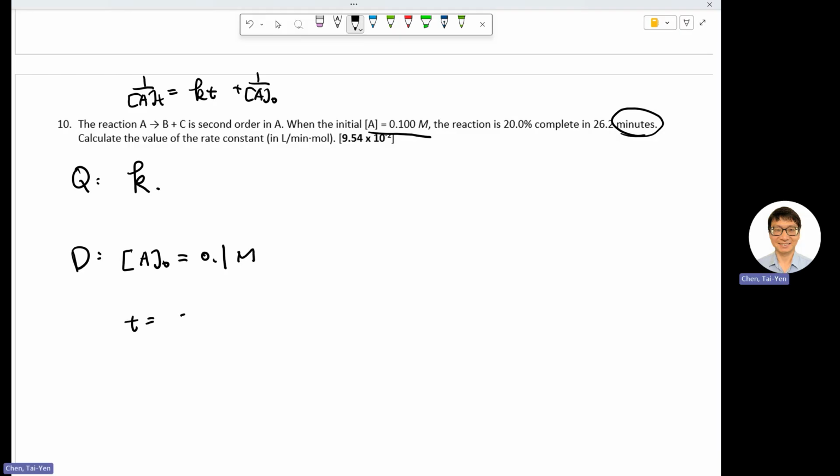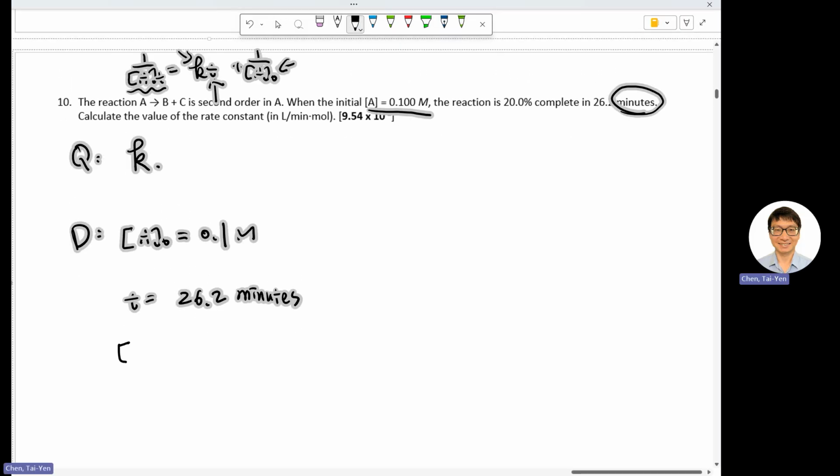Time equals 26.2 minutes. Okay, that means you have that, you have this. You want to solve for your K. Therefore, if you know your A at time T, then you can plug in the equation and solve these things, right?